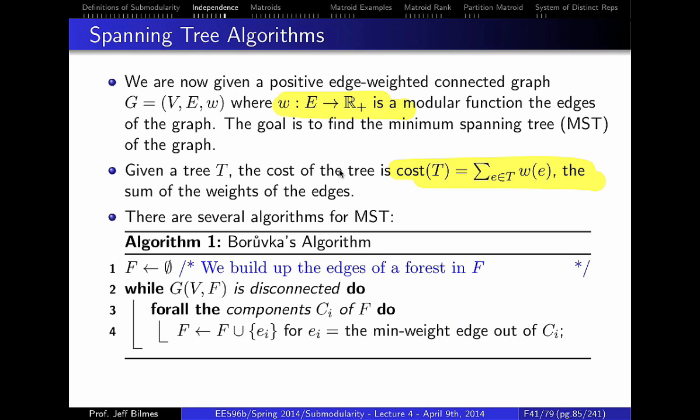There's Boruvka's algorithm. And what this one does is basically starts with essentially a set of edges that are going to constitute the spanning forest, spanning tree if it's connected.